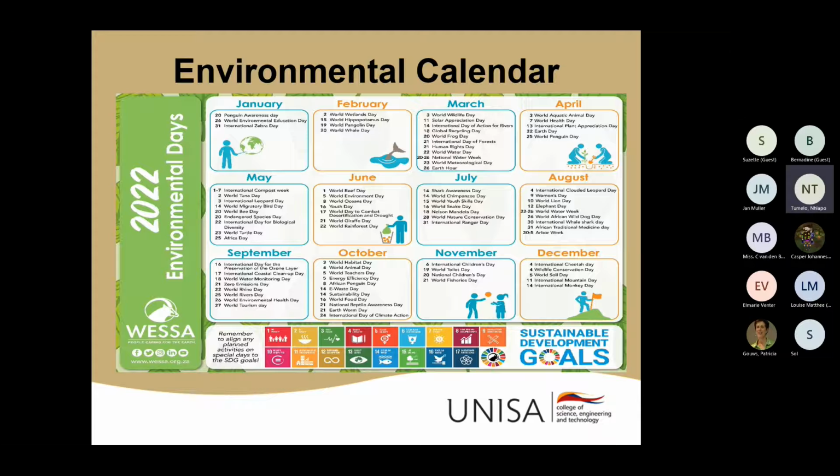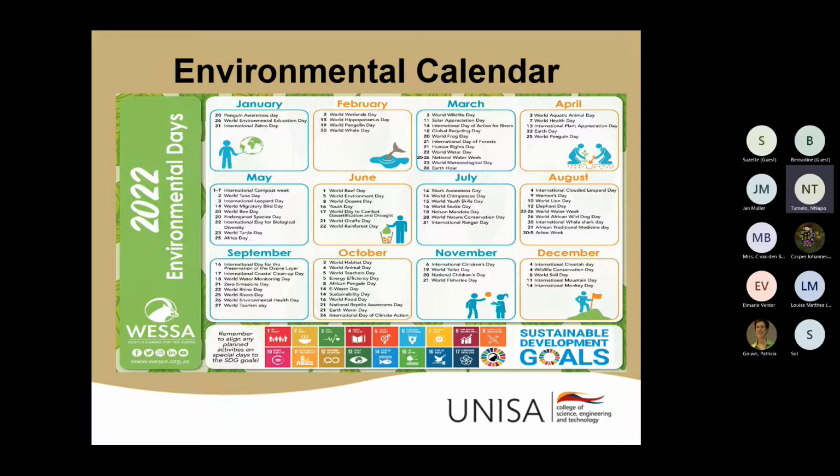And then we also have World African Wild Dog Day on the 26th. And then on the 30th, it's International Whale Shark Day. And on the 31st, it's African Traditional Medicine Day, as well as from the 30th of August until the 5th of September, it's Arbor Week, meaning that we'll be planting lots of trees.